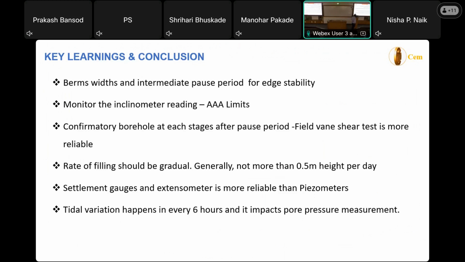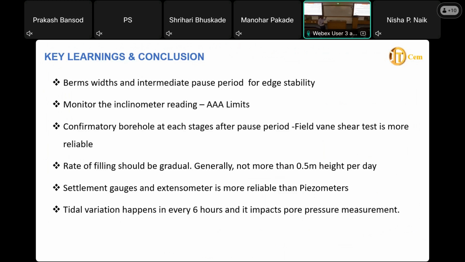A confirmatory borehole at each stage after the rest period is very essential, because whatever you do theoretically with the degree of consolidation workings has some limitations. In the intermediate rest period, the degree of consolidation is not achieved up to 90%.